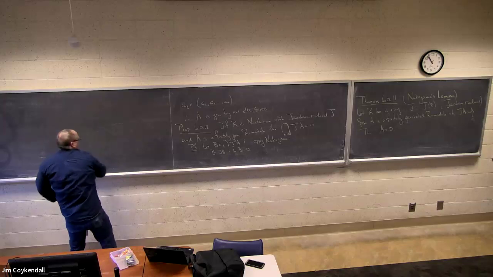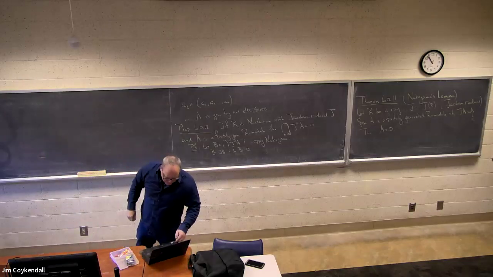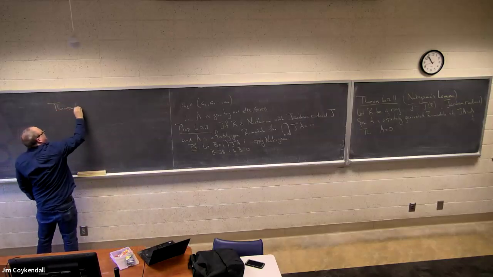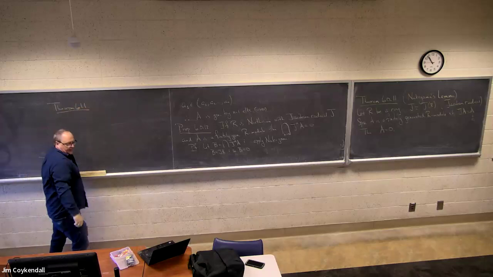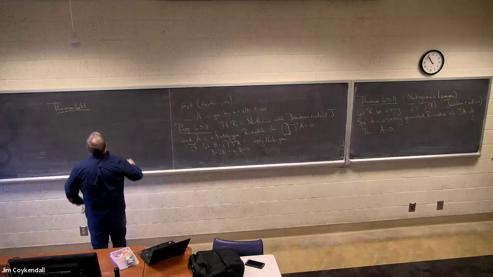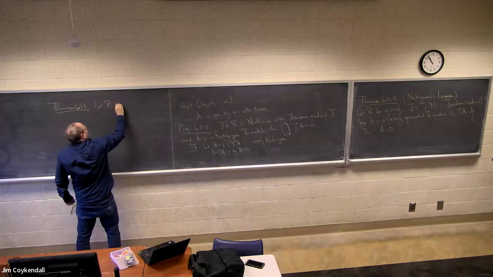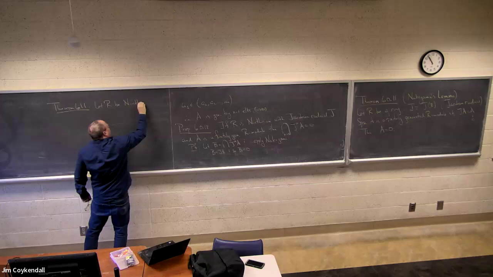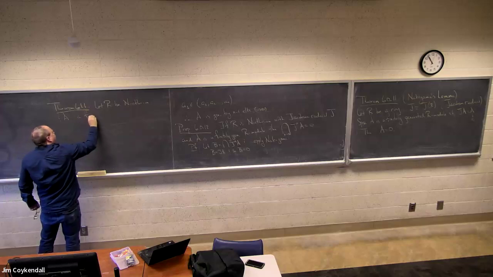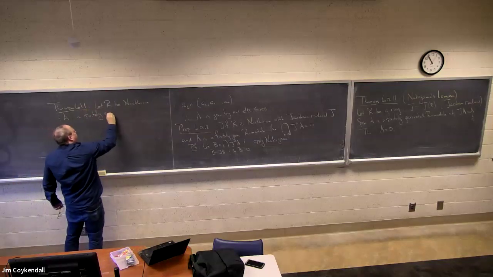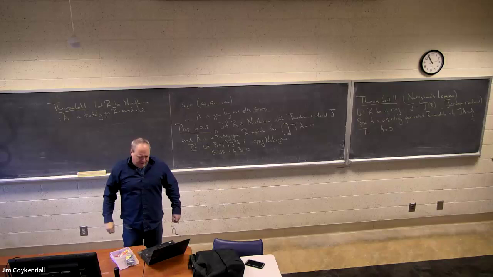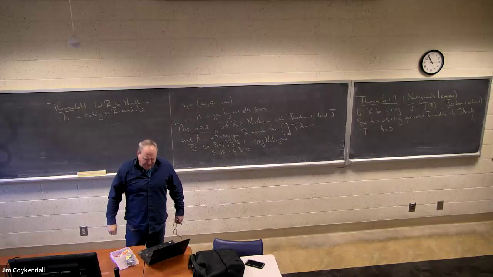So, last two theorems of the course, theorem 6.11. Let R be Noetherian and A a finitely generated R module.